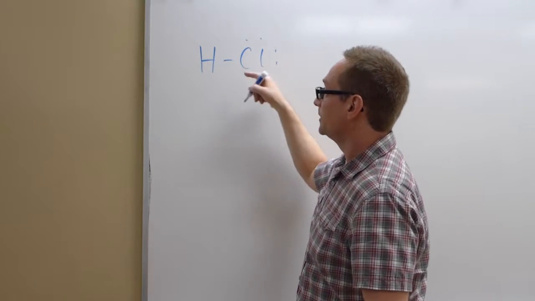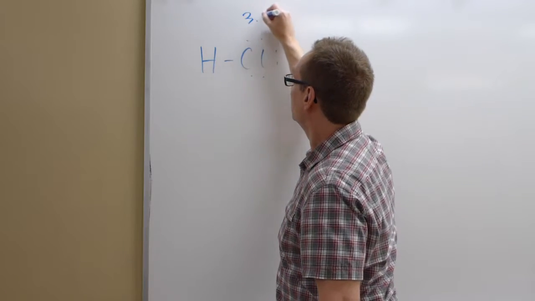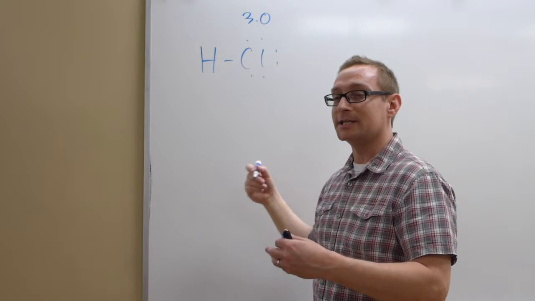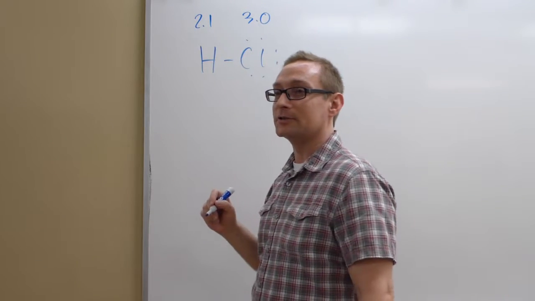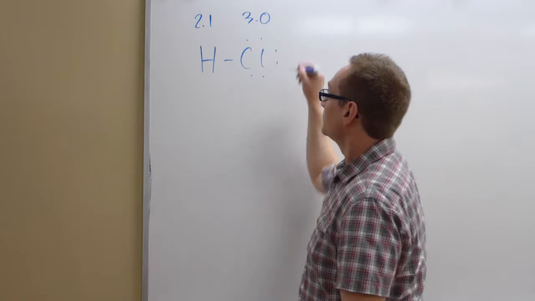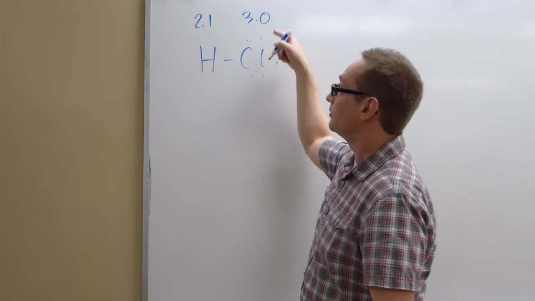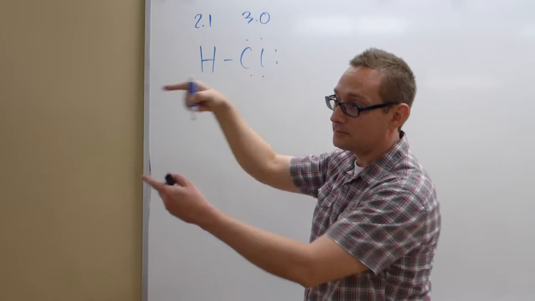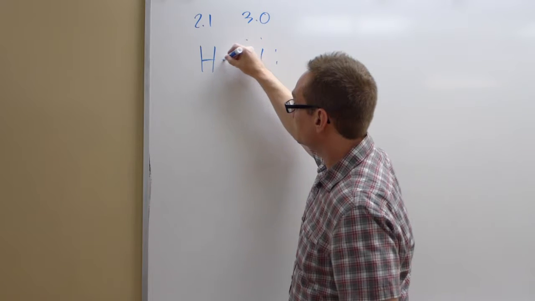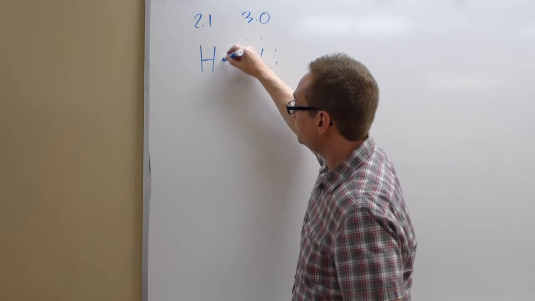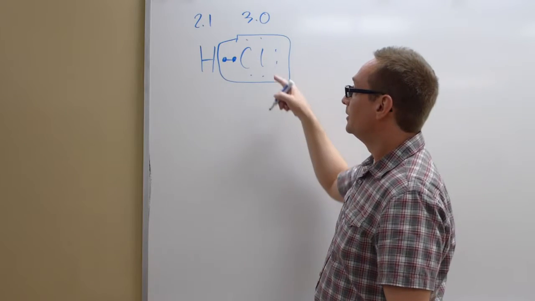If we look at the most electronegative atom, chlorine is a 3.0 on the electronegativity scale, and hydrogen is a 2.1 on the electronegativity scale. So if all of these shared electrons are assumed to belong to the most electronegative element, as given by the definition of oxidation number, that means that all these shared electrons in this bond belong to the chlorine, okay?